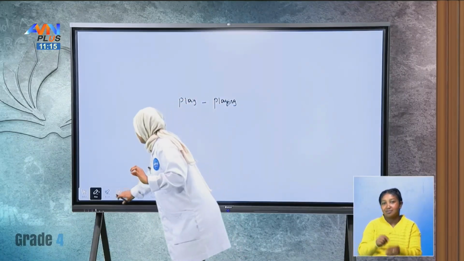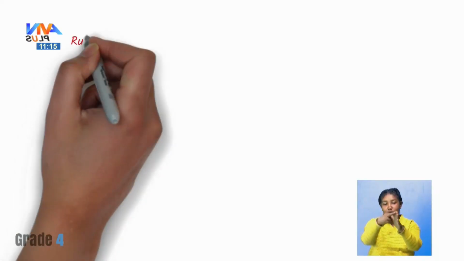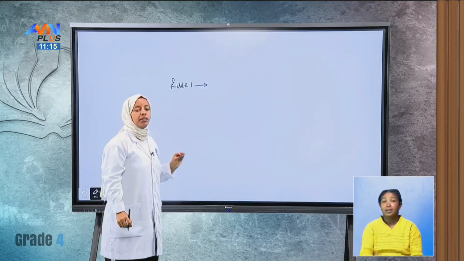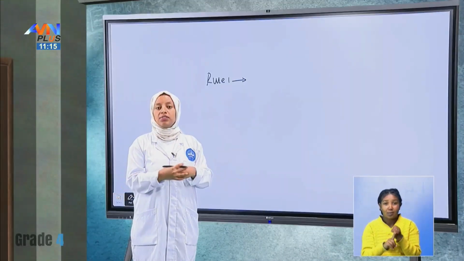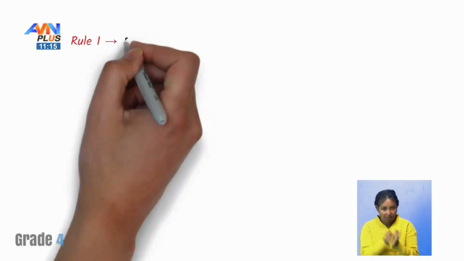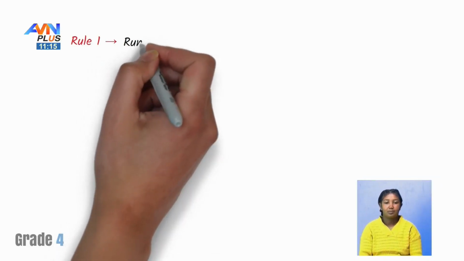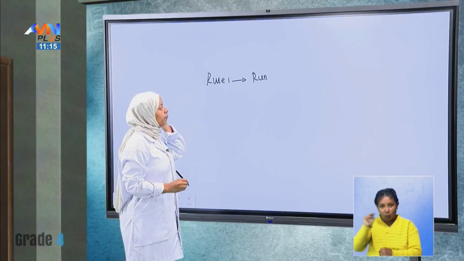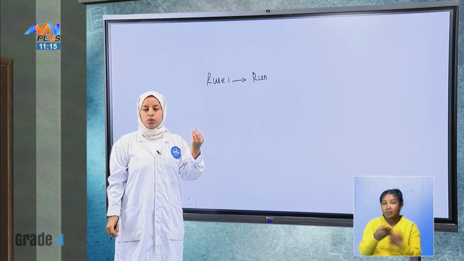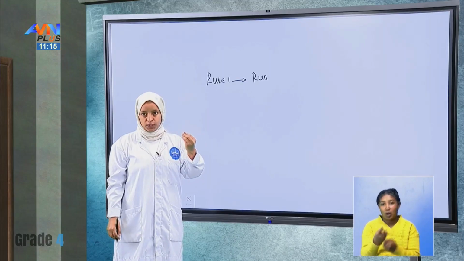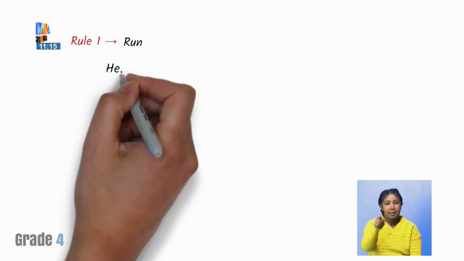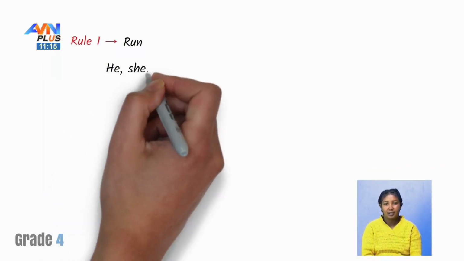Let us start. The first rule, rule number one, is a verb ending with consonant. The verb ending with what? Consonant. For example, run. Here the pronouns are singular subjects, like he, she, and it.